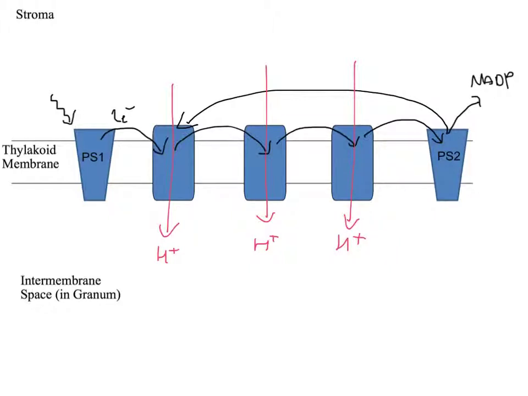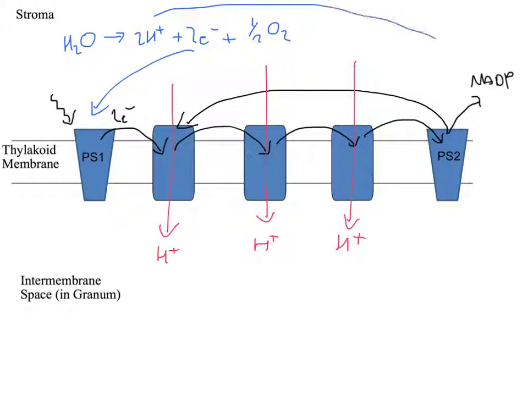Equally, where the electrons are being removed from PS2, inside the thylakoid space you've got H2O being broken down into 2H+, 2e-, and half O2. The 2e- can enter there, and the two hydrogen ions can be involved in NADPH2 production.